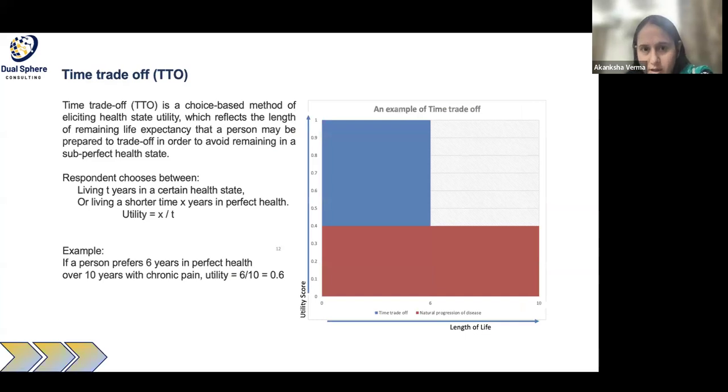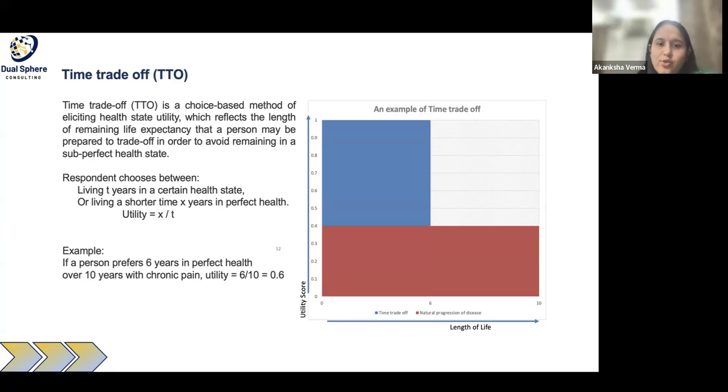Just to give you more insight about time trade-off. The other two are very simple. Time trade-off is something which takes time and is more to understand, so I have given one slide here on it. All those three were choice-based methods.